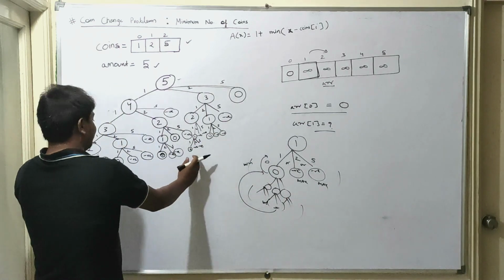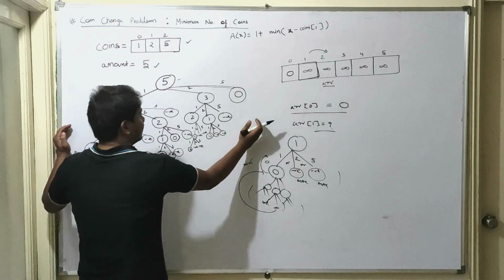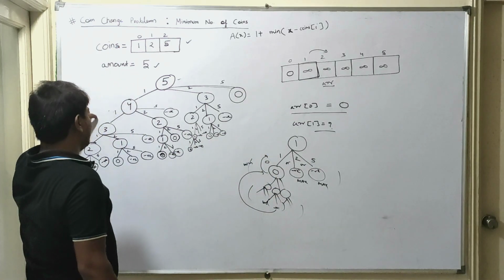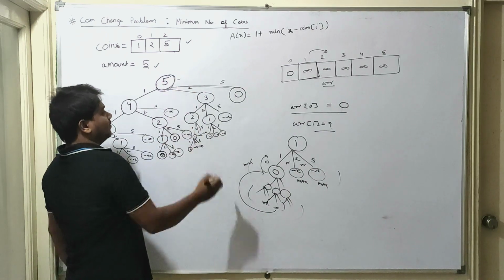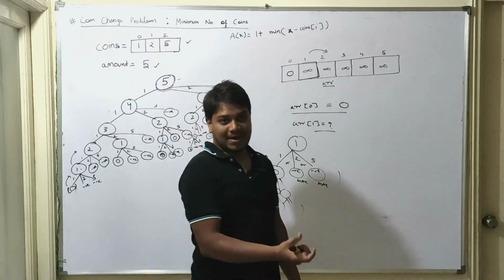If we keep calculating the minimum value for each and every amount, then at the end we'll get the minimum length of the path.